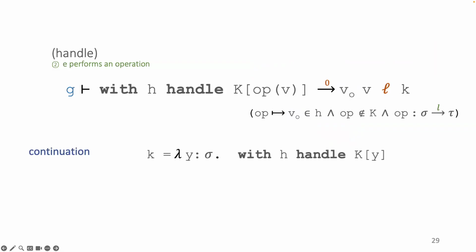And of course, we need to define what K and L are, right, for this rule to work. So intuitively, K corresponds to the standard delimited continuation for effect handlers, where we capture, again, from where the operation is performed to where the handler is used to handle this operation. So it just resumes the original computation once it receives a return result y.